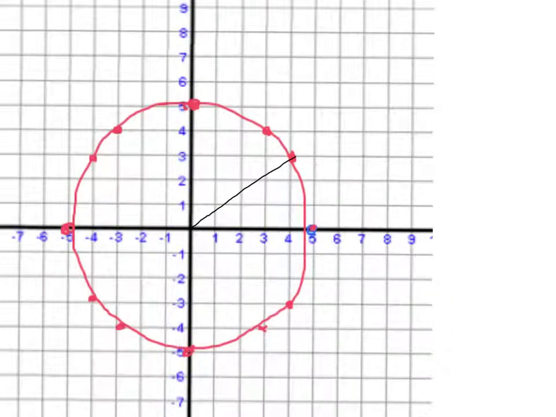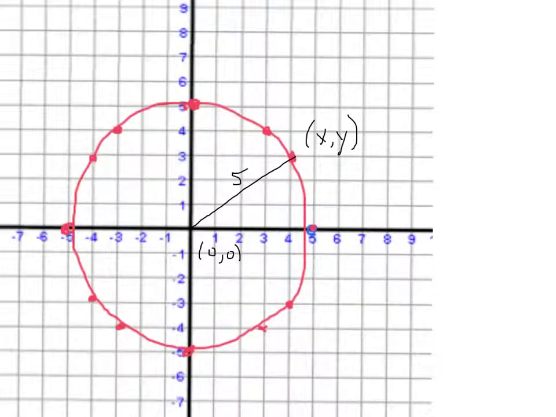Now, even though I know that point right there is 4, 3, if I called it x, y, and then just imagine that being anywhere on this circle. Maybe it's not a lattice point that we know of. So if I call that x, y, then I could do a distance formula from 0, 0 to x, y, because I know that distance is 5.